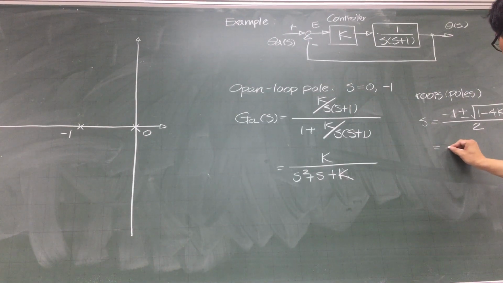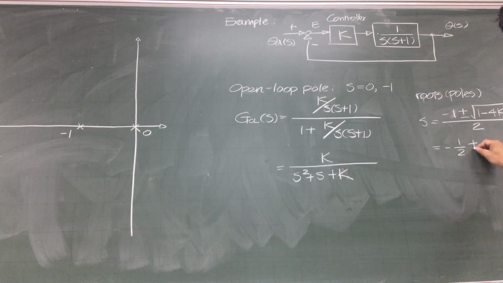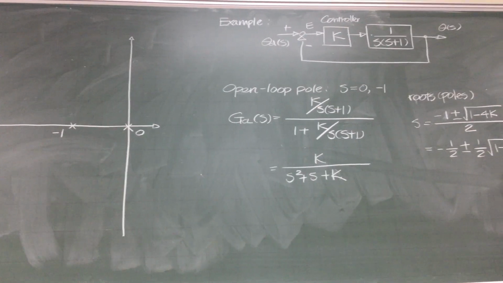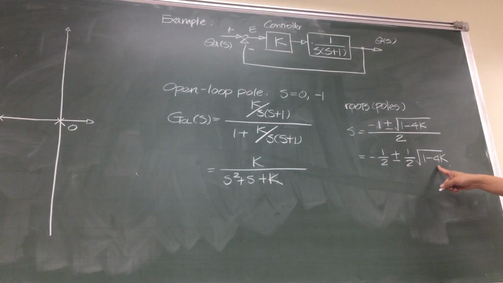So it is going to be negative 1/2 plus minus 1/2 times the square root of 1 minus 4k. Is this part over here always a complex number? Only when k is greater than 0.25, this one is going to be a complex number.